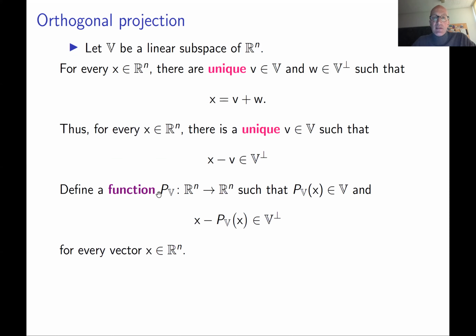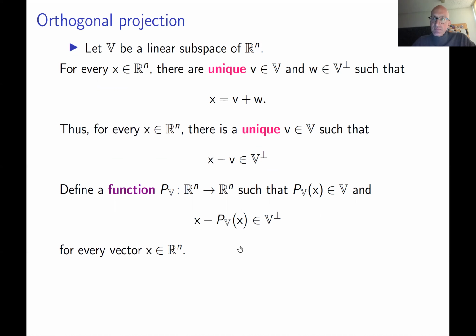It's defined by this property: vector x is mapped to the vector PV of x, such that PV of x is in V, and x minus PV of x is contained in the orthogonal complement to V. These two conditions uniquely determine PV of x by what we said earlier. So this vector PV of x is actually this vector v here.